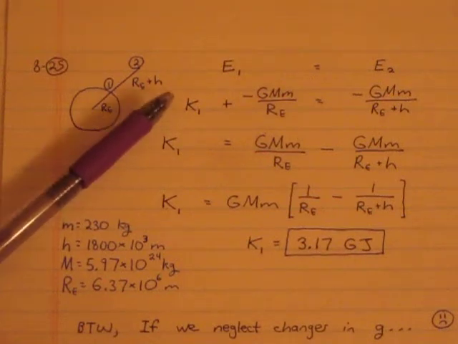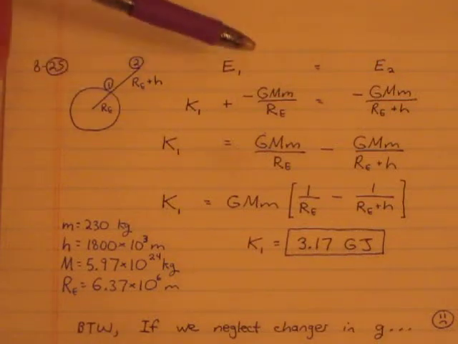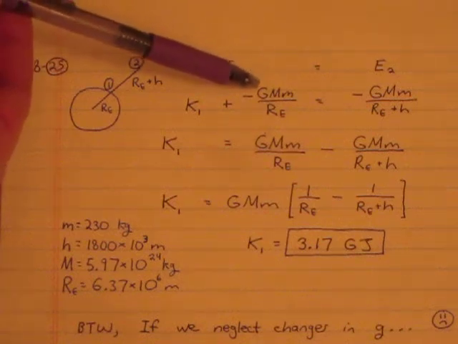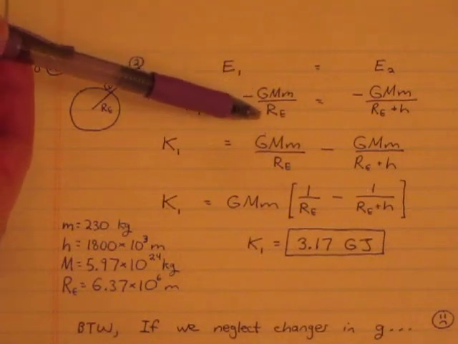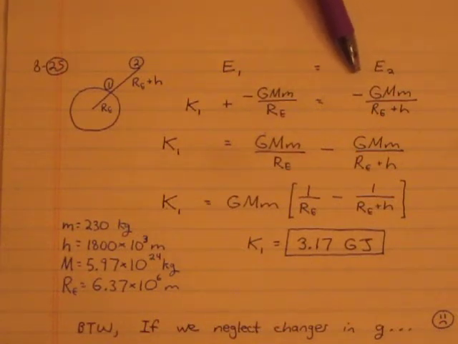Kinetic energy 1 plus potential energy. Remember, potential energy, based on how we've defined it, as being 0 at infinite distance, is going to be negative. So negative G, mass of the Earth, mass of the instrument divided by radius of the Earth, plus energy 2. This is all going to be potential energy, no kinetic energy.